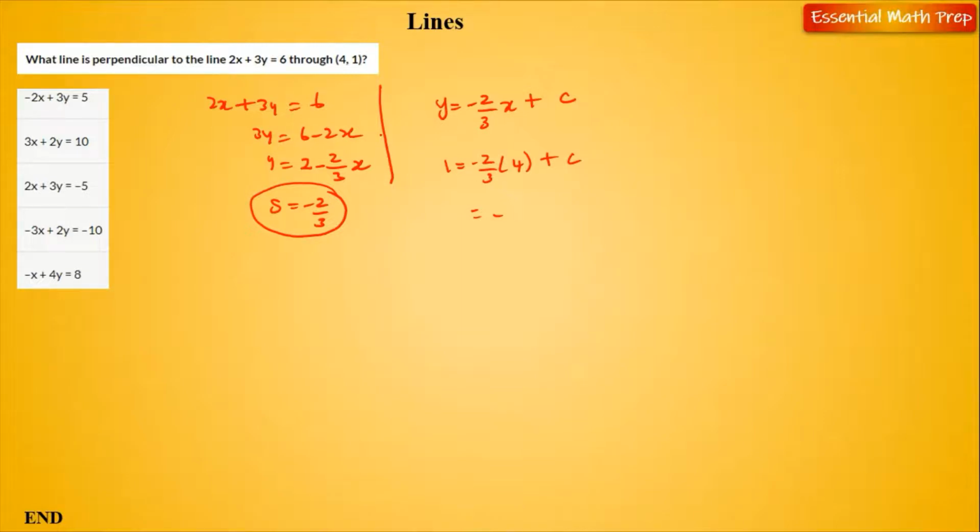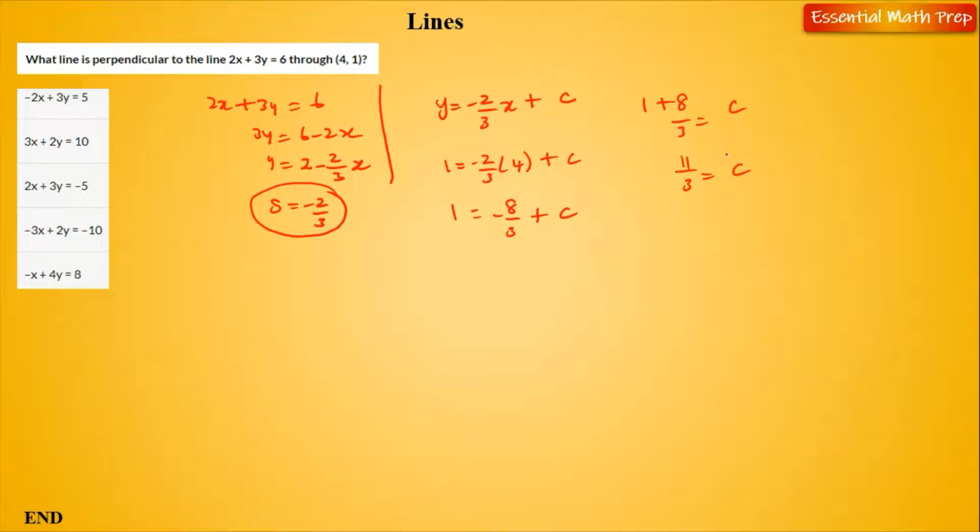So we know x is 4 and y is 1. So that's negative 8 over 3 plus c. And so we can add 8 over 3 on both sides. So 1 plus 8 over 3 equals c. That means 11 over 3 equals c, right?